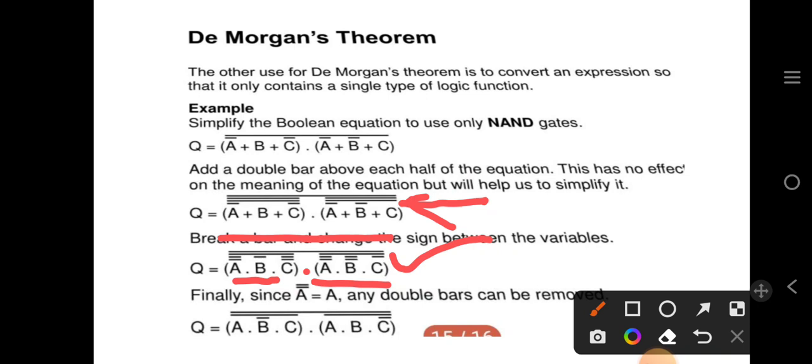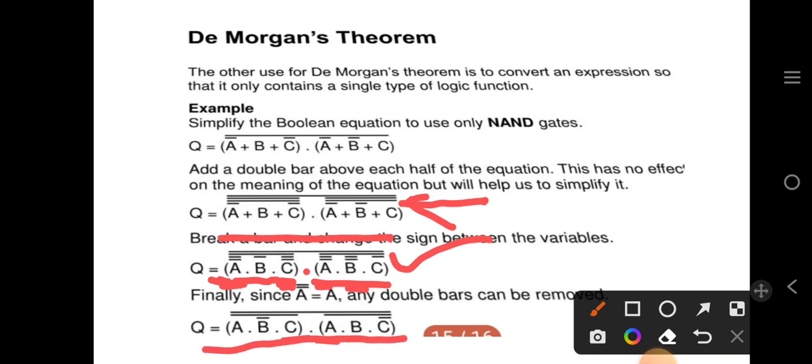Now again simplify the equation, remove the double bars in this equation. Okay, so here A is having double bar, just remove the two bars. C is also having double bars, so just remove the double bar. Here and here also there are two bars above A and B. So after removing this you will get this equation.